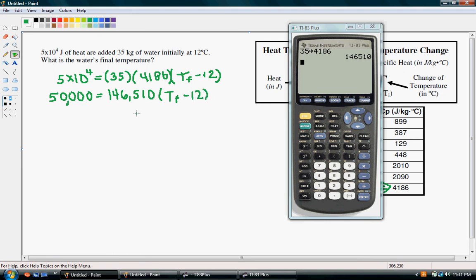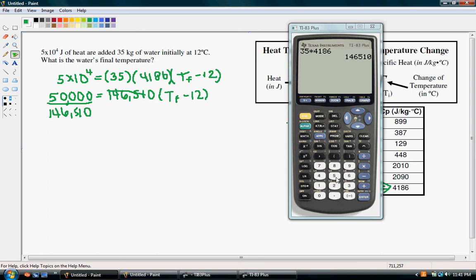Alright. So now what we can do, we can actually divide both sides by this 146,510. So on this side it will cancel out. On this side we will have 146,510 times our TF minus 12.